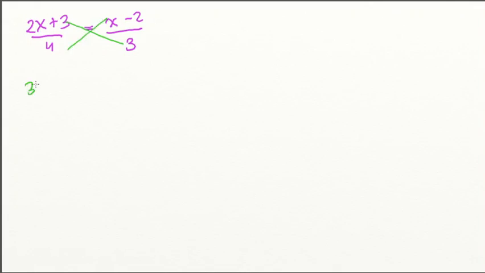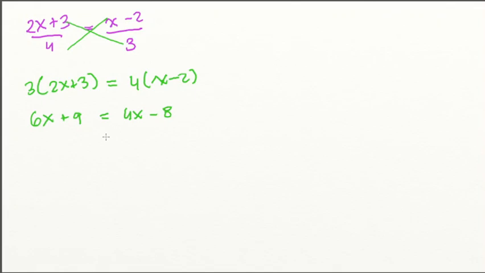So 3 times (2x plus 3) equals 4 times (x take away 2). So next step, expand. 3 times 2x is 6x. 3 times 3 is 9. 4 times x is 4x, and 4 times negative 2 is negative 8.